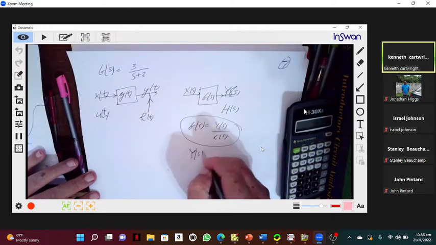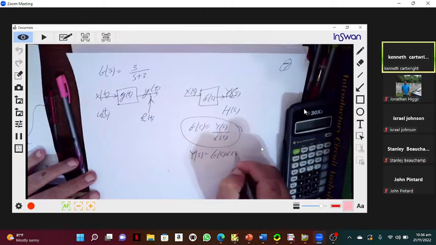Y of S, the output, is the transfer function times X of S.